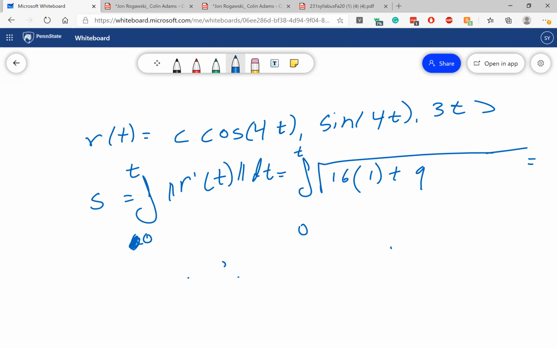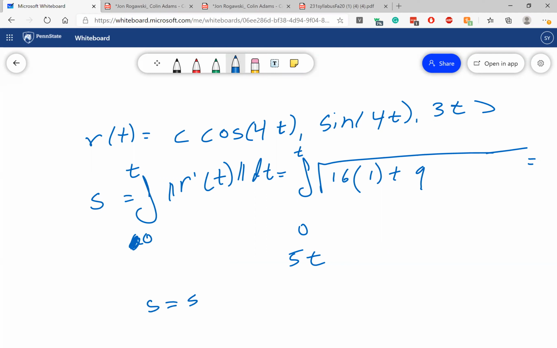And so this whole thing is going to end up being 5t. So far, is it clear? Yes, it's clear so far.